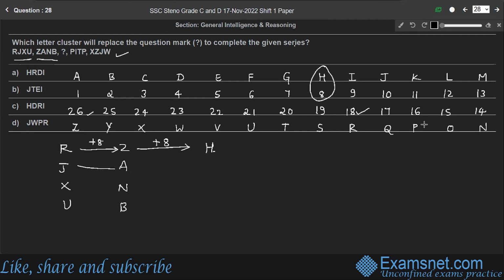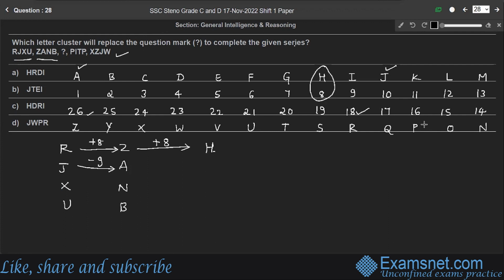Now consider the second letters J and A and how they are related. J is 10, A is 1. That means we have to subtract 9 from J: 10 minus 9 is 1.